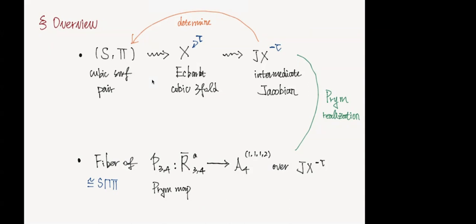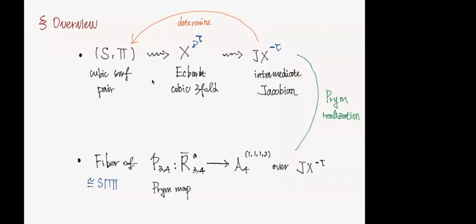In particular, this X admits some involution tau. Then we look at the most important Hodge theoretical invariant for cubic threefold, which is the intermediate Jacobian of this cubic threefold.